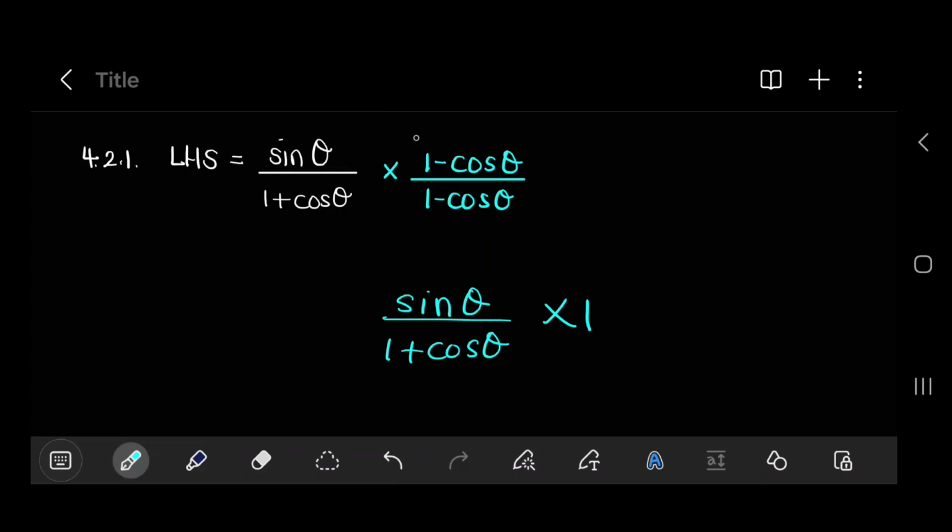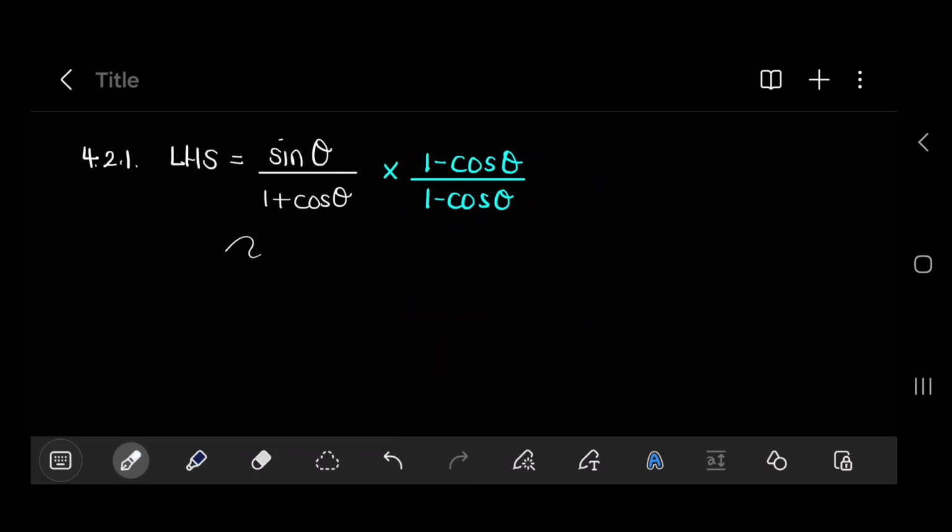So this fraction that we're multiplying by essentially is 1, because any value over itself is 1. For example, 5 over 5 is 1. Likewise, the fraction that we're multiplying with here, because it is over itself, essentially is 1. So we are allowed to do this.